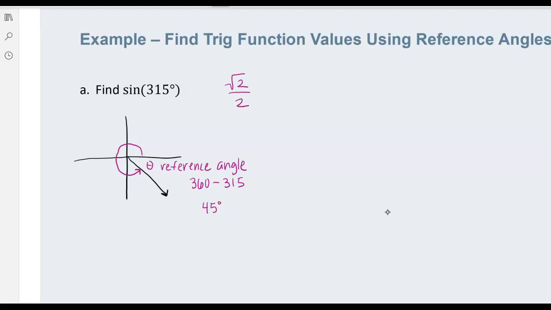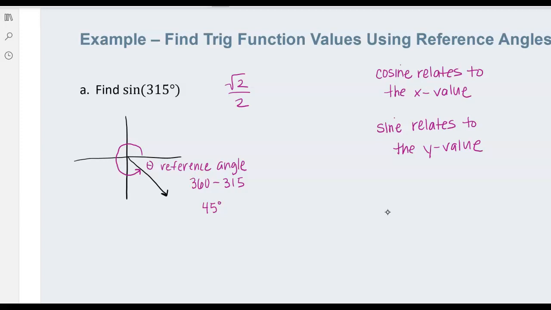The signs are going to match. I just have to decide whether the answer is going to be positive or negative. We said that cosine relates to the x value, and sine relates to the y value.